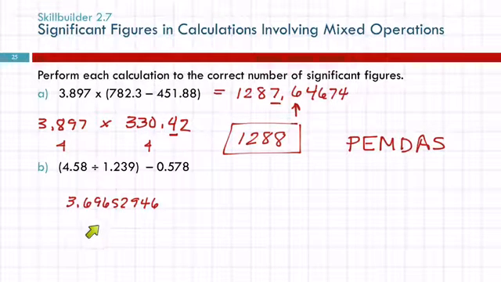Let's identify the last significant figure. Well, we're dividing. We're counting the number of significant figures now. 3 significant figures, 4 significant figures. So this result should only have 3 significant figures. That would round right there. So this result has 3 sig figs.